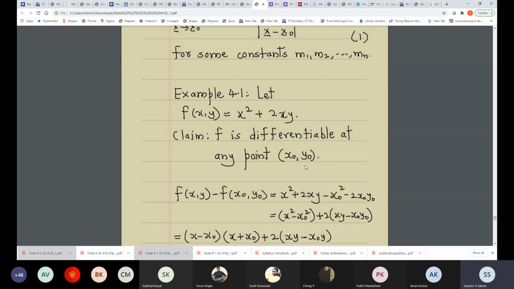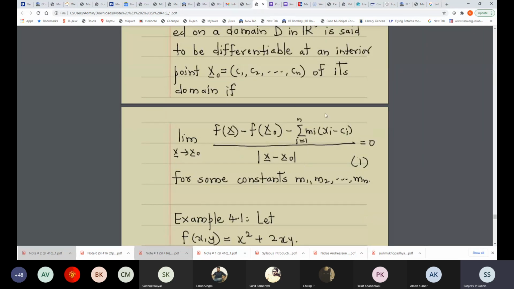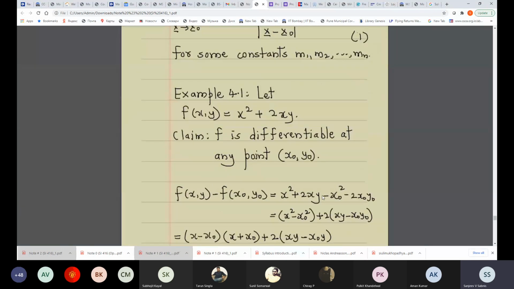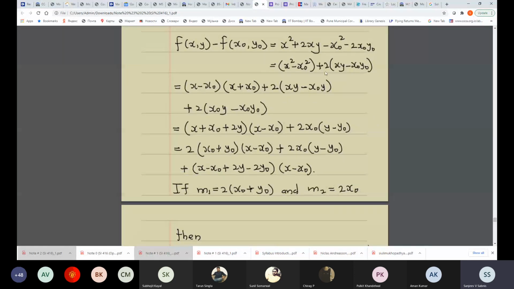So we want to verify differentiability of a function from R2 to R in this sense. Consider f of x, y minus f of x0, y0. Simple algebra will lead you to this.